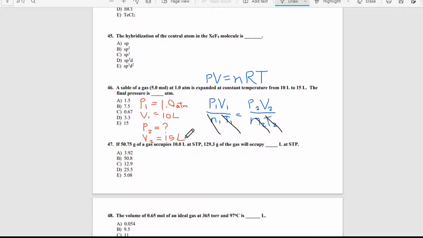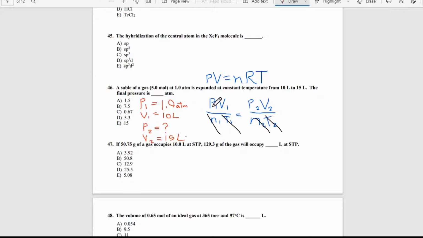Now, just out of curiosity, could you have a situation in which the volumes are in different units, like one's liters and the other is milliliters? Yeah, you could. Could you have a situation in which the pressures are in different units? Yeah, so you always have to make sure with this particular formula that the units match. The volume units have to match and the pressure units have to match. Otherwise, it won't work.